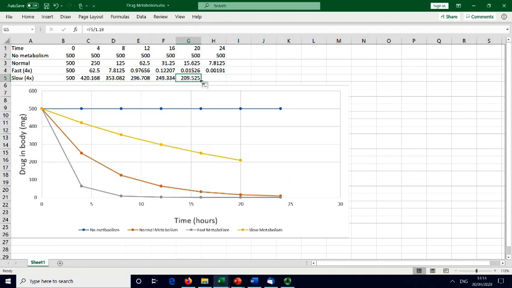What we'll end up with is that to get to half the level takes around 16 hours, and that's 4 times longer than it would take to get half the drug, and we've still got a lot of the drug left after 24 hours.